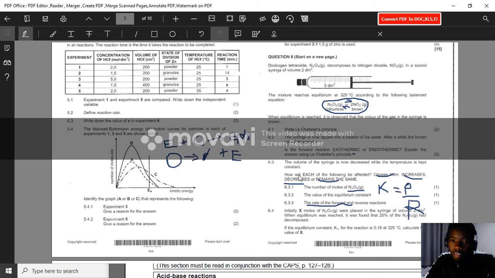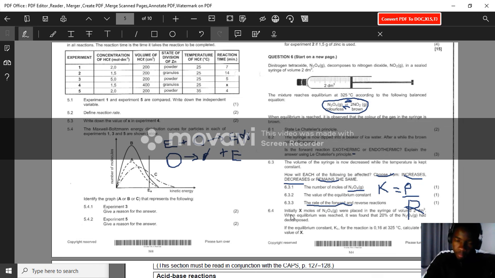When we increase the pressure of the system, the rate of reaction for the forward reaction will increase and the rate of reaction for the reverse reaction will increase, because the pressure is acting on both sides of the reaction. So the rate of reaction of the whole system will basically increase.